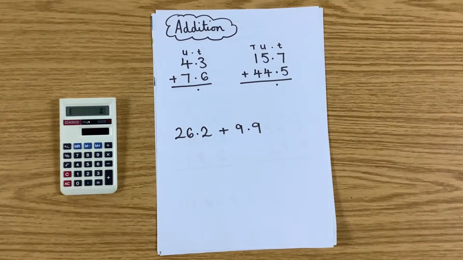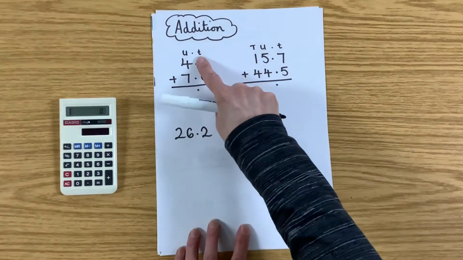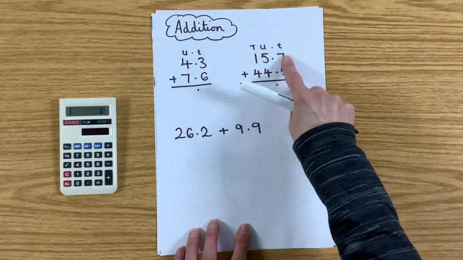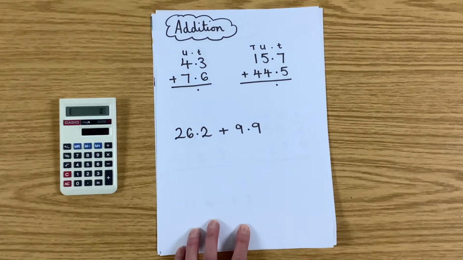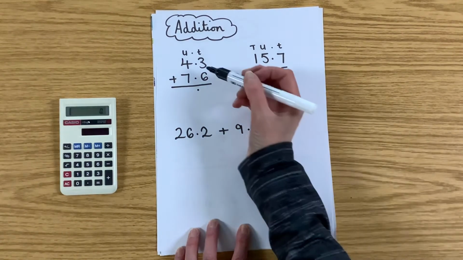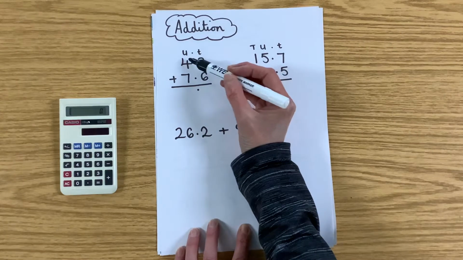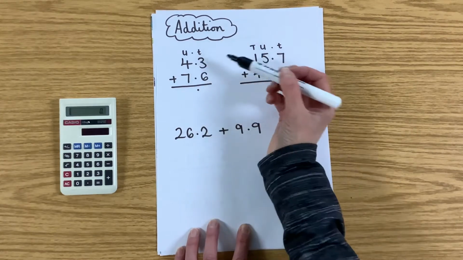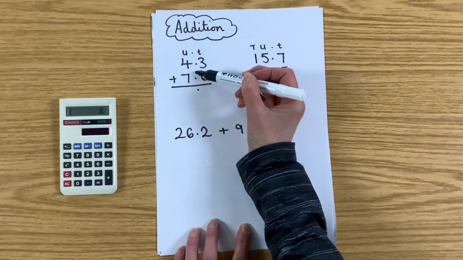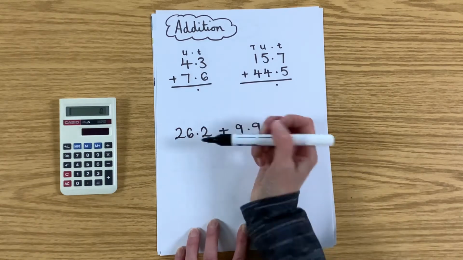Now, yesterday we were starting to think about adding. If you remember yesterday's lesson, we were adding together either units and tenths numbers or tens and units and tenths numbers. So a very quick recap of that. When we wrote out our question, we made sure we kept our decimal points straight underneath each other.